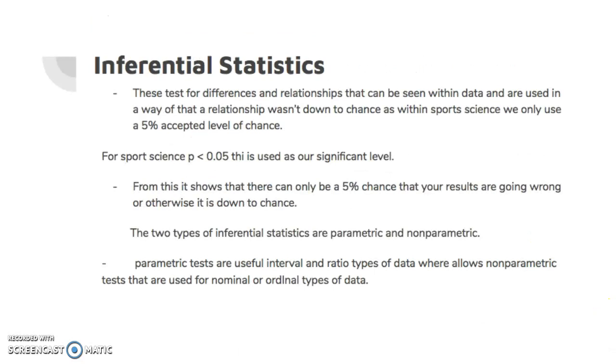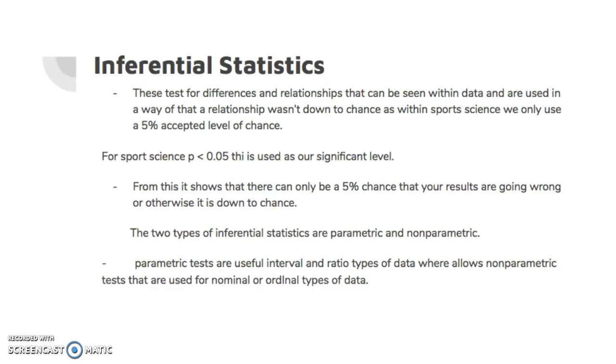Inferential statistics. These test for differences and relationships that can be seen within data and are used to show that a relationship wasn't down to chance, as within sports science we only use a 5% accepted level of chance.